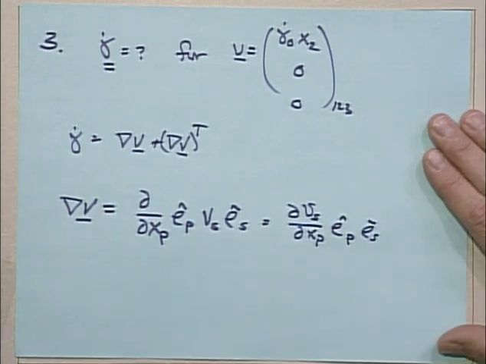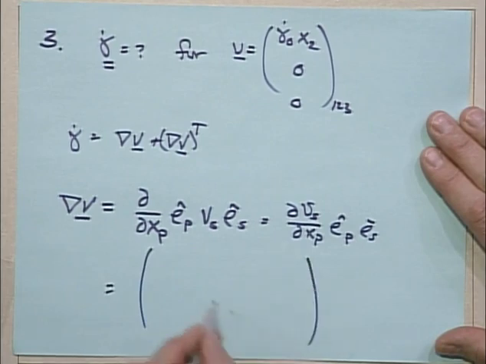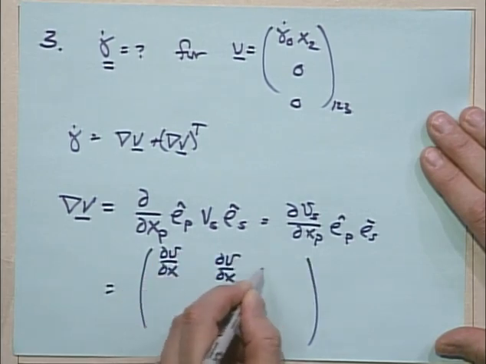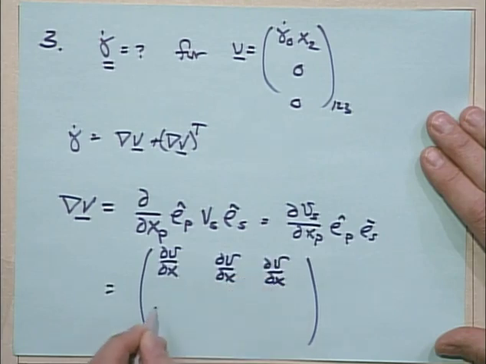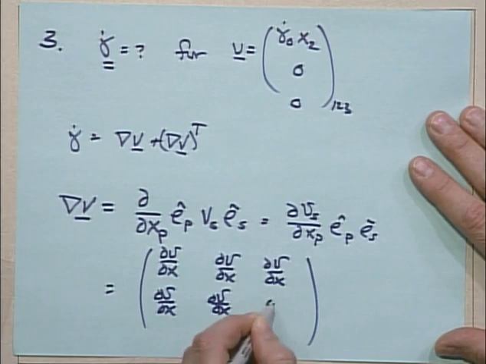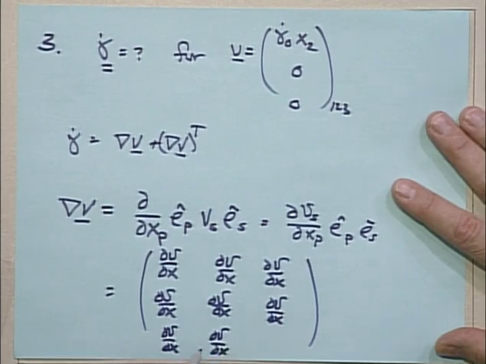Now to write that out in the matrix form, looks like this. It looks like 9 dv's, dx's. But which one's which? So that just says you count across and the V's down.